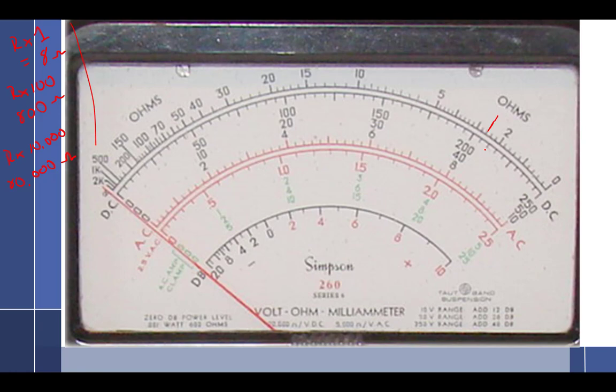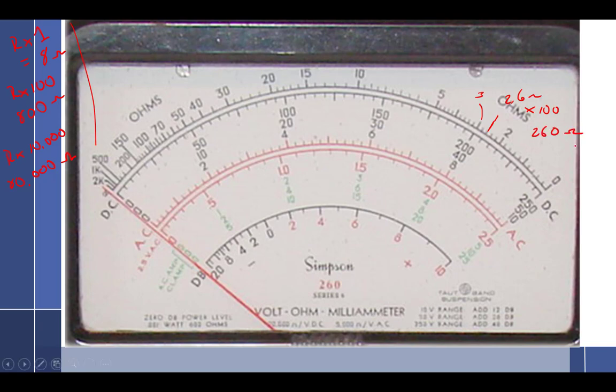If we're down here in this range, I got it right there. So what does each one of these lines count as? Is it 2, 2.2, 4, 6, 8? This is 3 right here, so that's 2.6 ohms. 2.6 times 100 becomes 260 ohms.